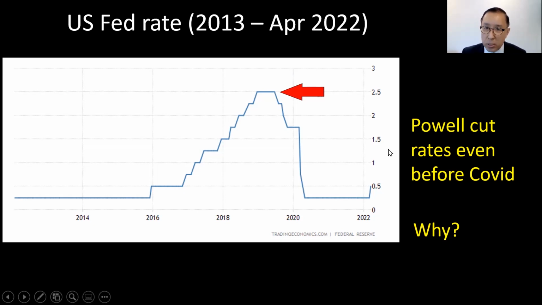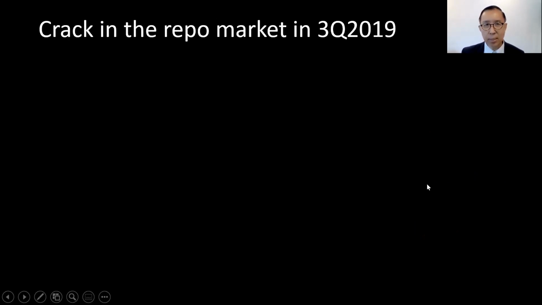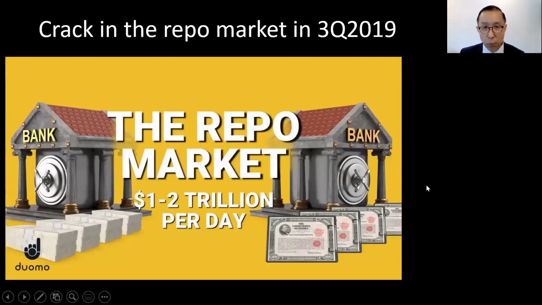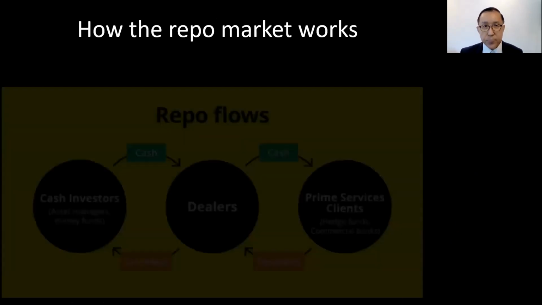Now, remember I told you that because of COVID, they printed lots of money to help everyone? Well, COVID started in early 2020. Why did they start cutting rates at the end of 2019? There's one reason. Something happened in the repo market. The repo market is a big overnight market, okay? 1 to 2 trillion or maybe $3 trillion a day.